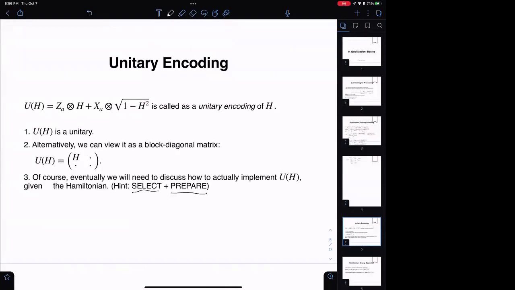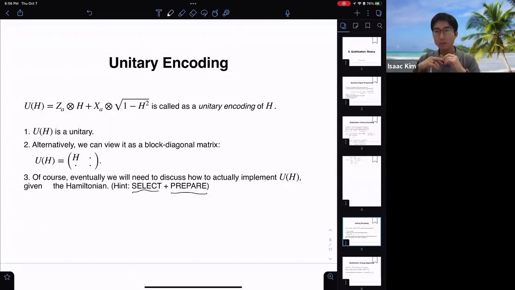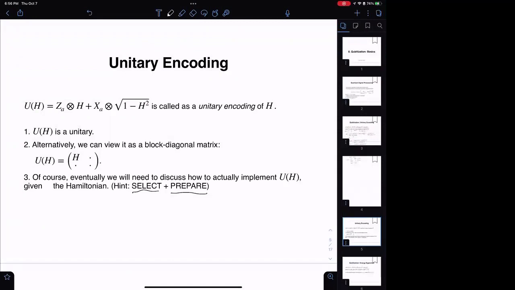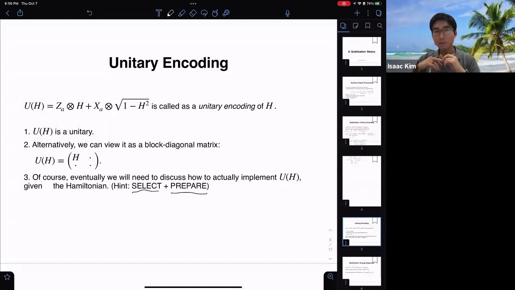Just out of curiosity, this unitary encoding idea is of course very simple. I mean, one could even teach this in quantum mechanics. But was this invented recently in the context of quantum computation, or was it known a long time ago?